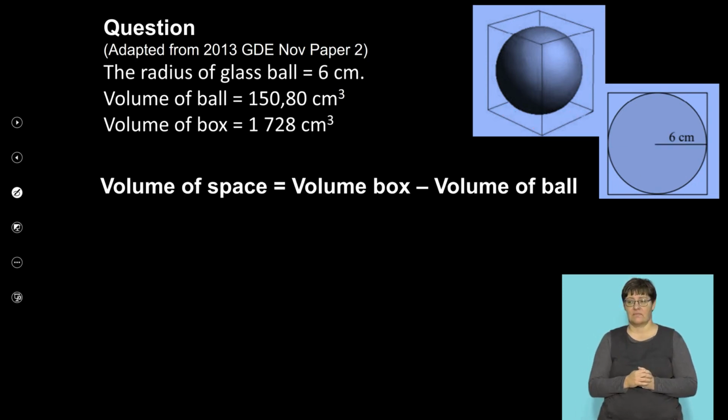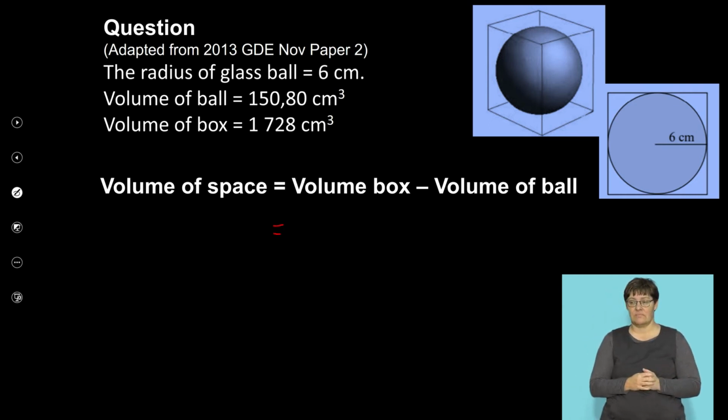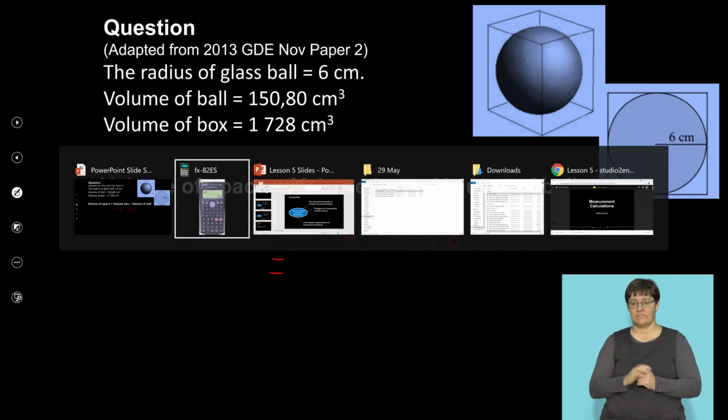Cool. So we know that the volume of the space left over will be the volume of the entire box, and then we're going to subtract the volume of the ball. So the volume of the box is 1,728, and I'm going to subtract the volume of the ball, which is 150.8. So I'm going to plug this all into my calculator.